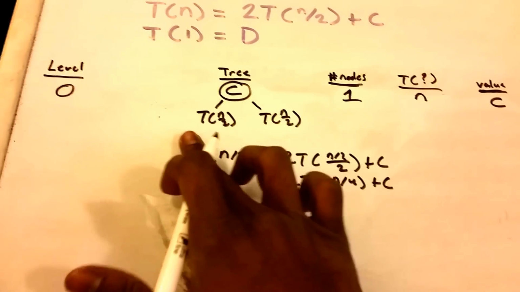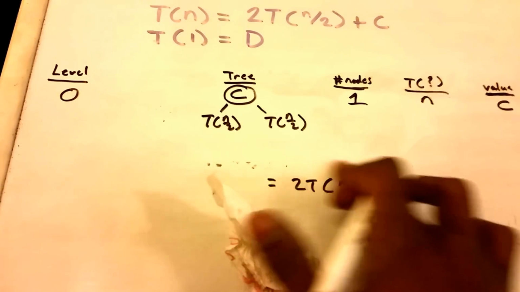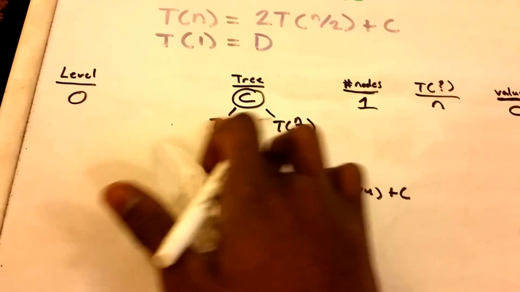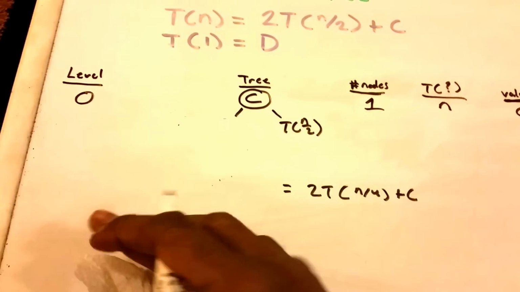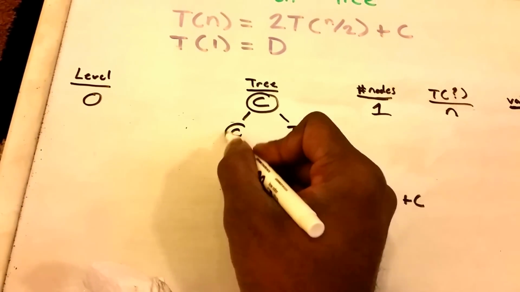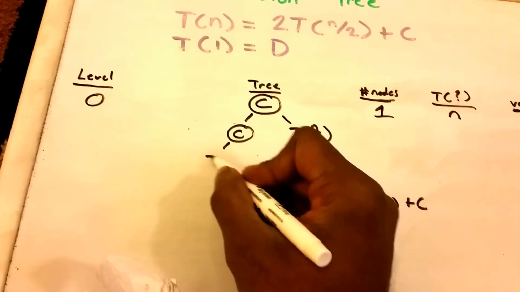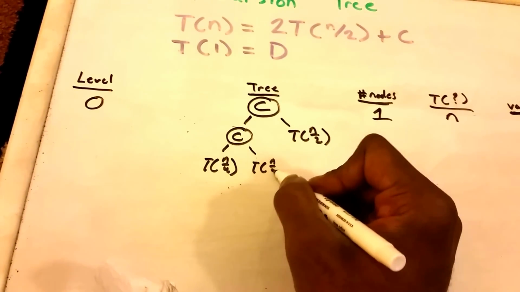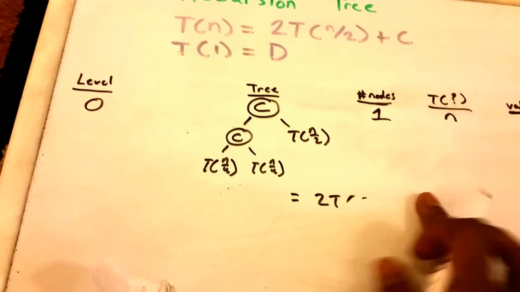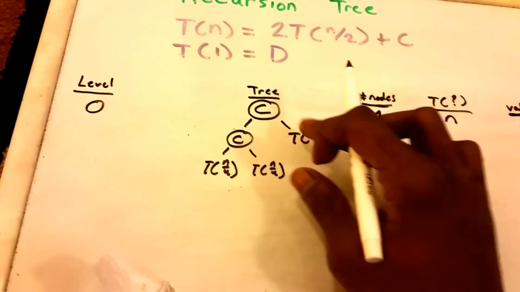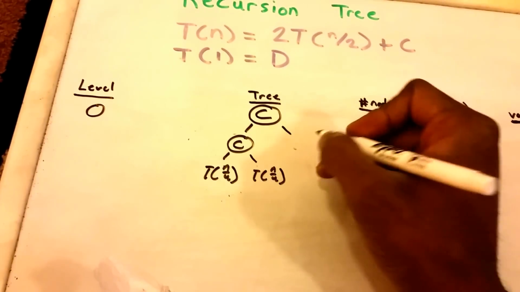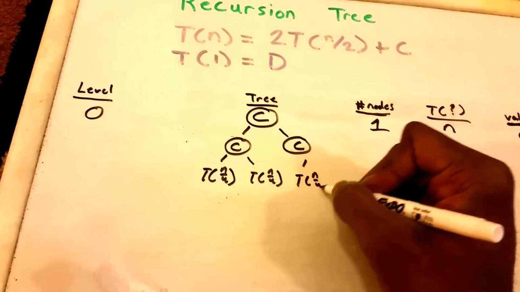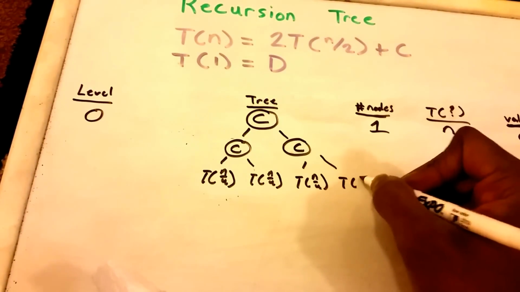So what we basically get here for T of n divided by 2 is our C, and then we get T of n divided by 4 and T of n divided by 4, and we can do the same thing for this recurrence relation here. So we get C, and then we get T of n divided by 4 and T of n divided by 4.